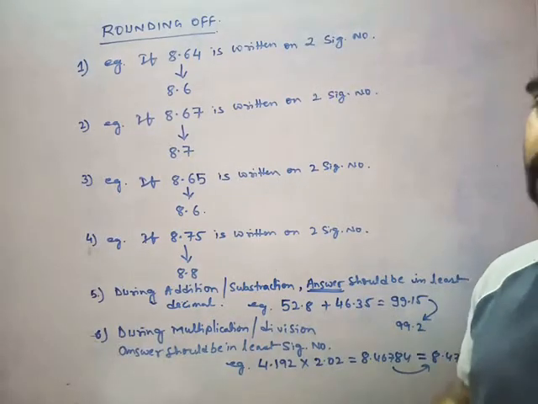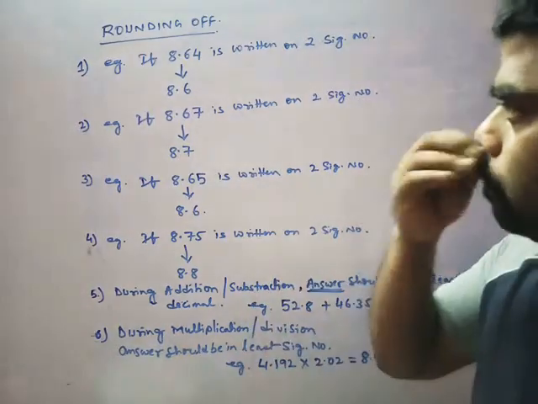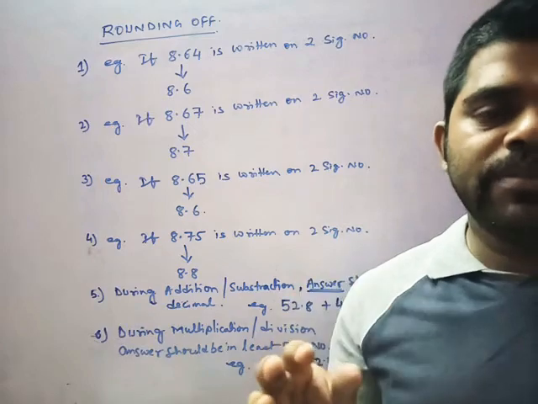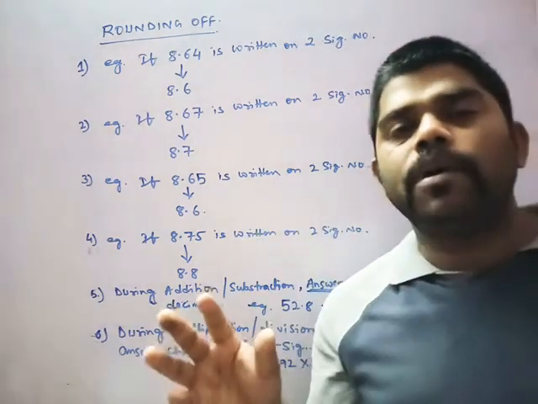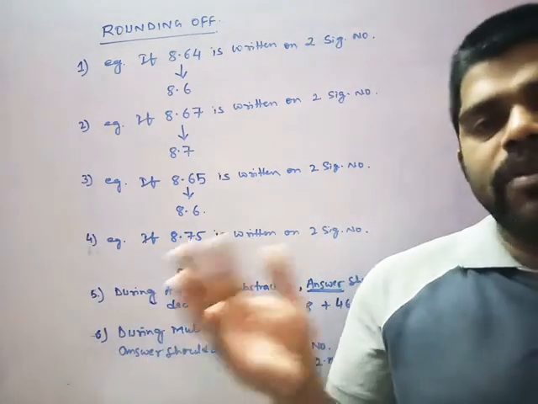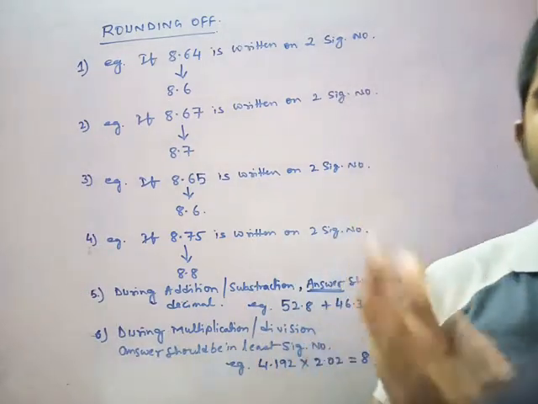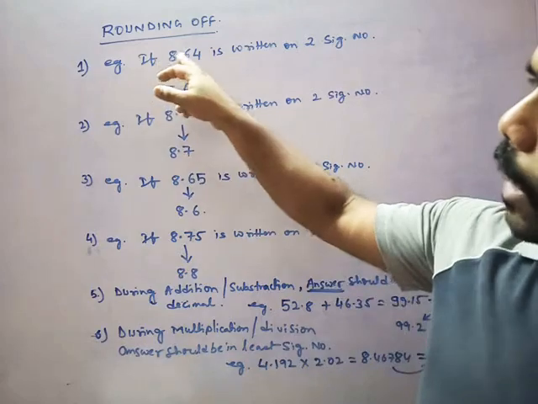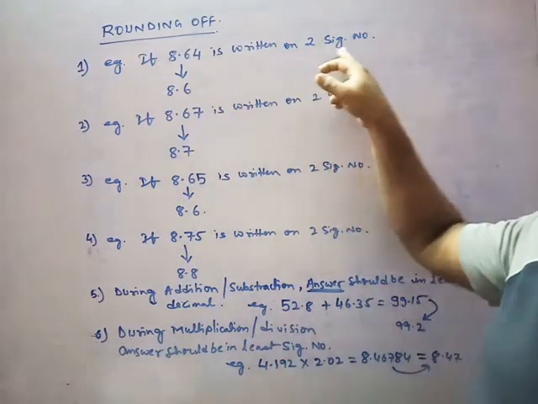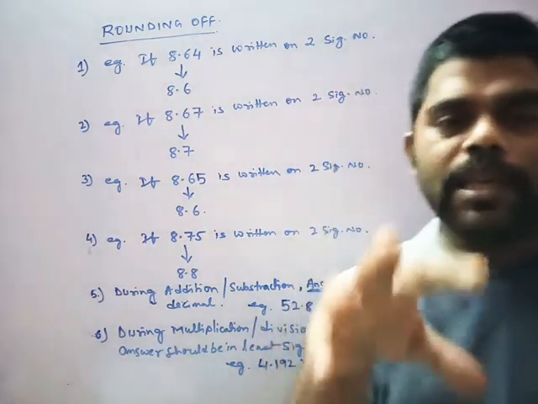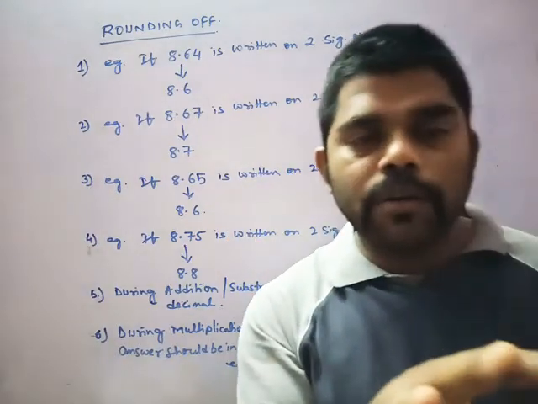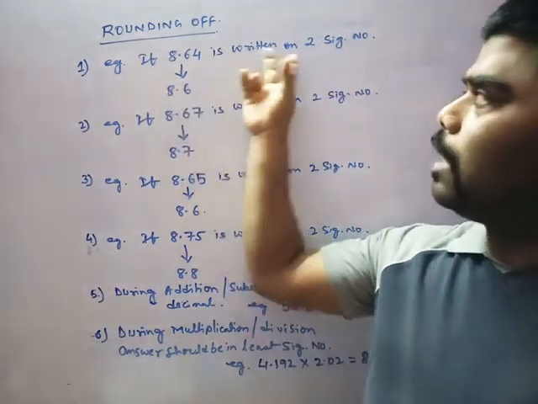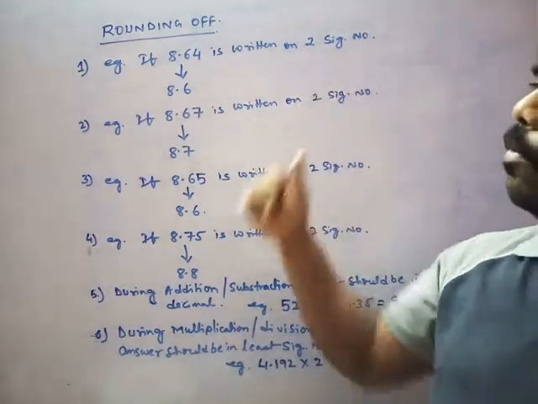Now rounding off. Rounding off is also a very important topic. What is rounding off? Whenever we write the significant figures, in how many significant figures do we have to write, 3 or 4? This is called rounding off. So for that, let's see here. If 8.64 is to be written in 2 significant numbers, suppose there is an answer 8.64 and you want to write it not in 3 significant numbers but in 2. So how do we write this?